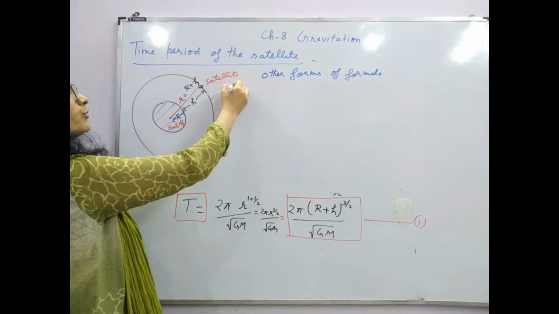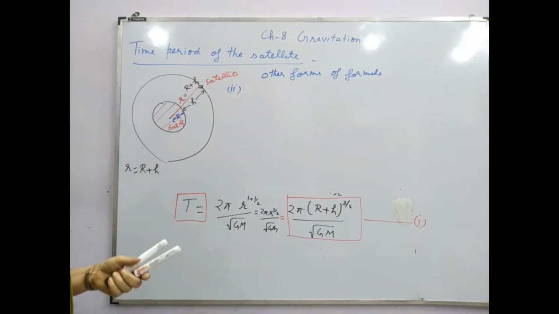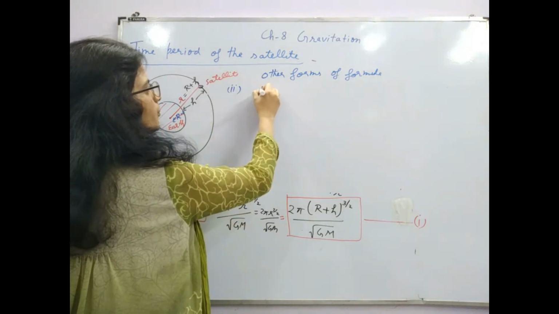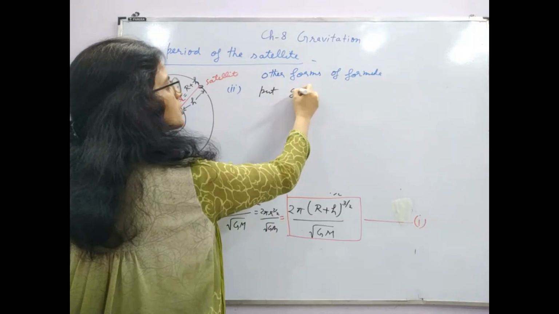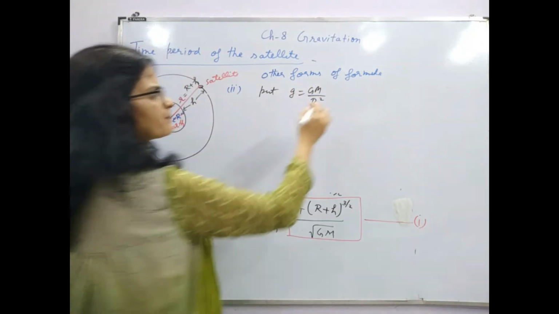So what do we do? For the second form, put g is equal to GM upon R square near Earth's surface.